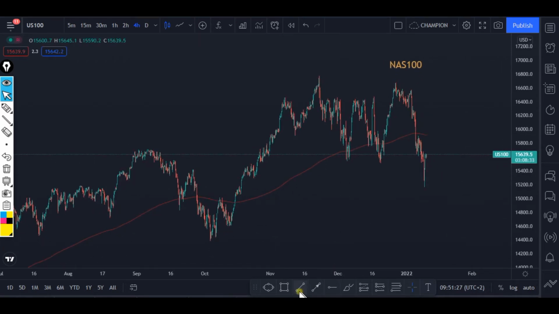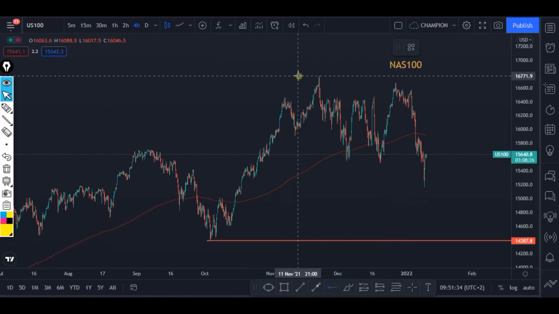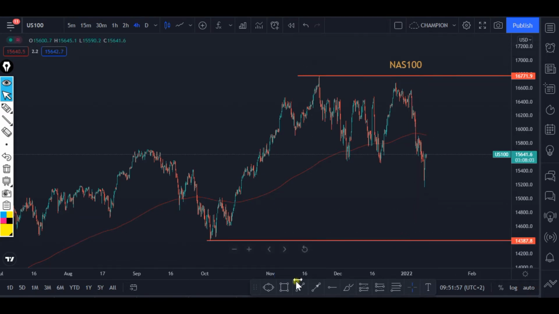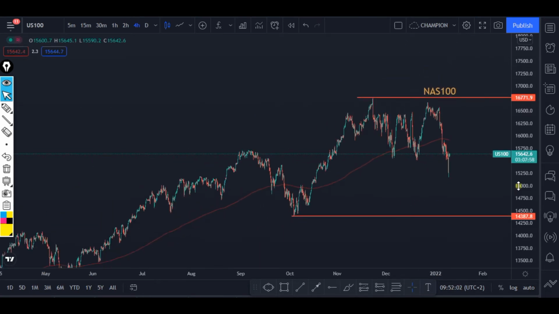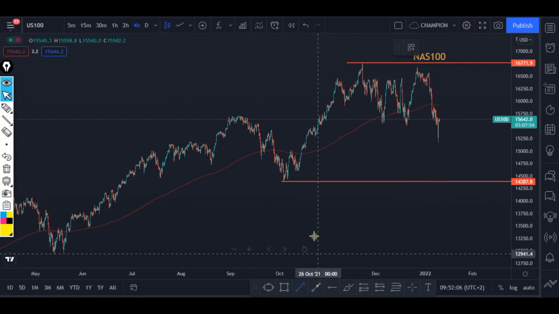So let's mark our lowest turning point, the highest turning point, which is our resistance and our horizontal support. Don't forget that.